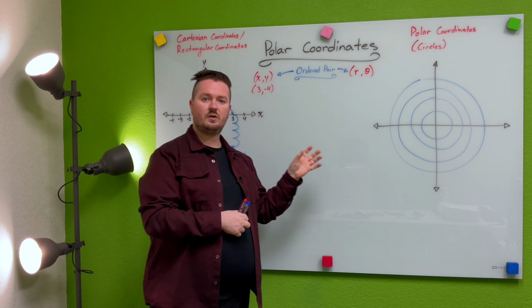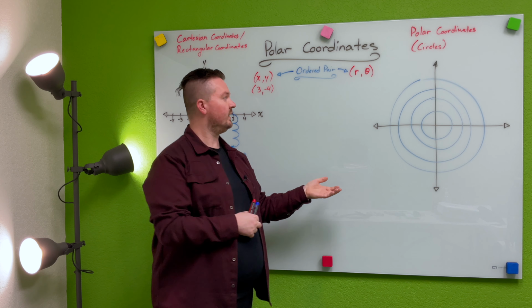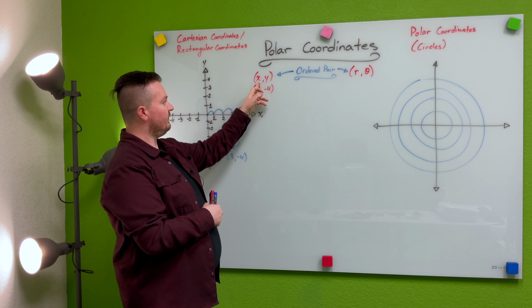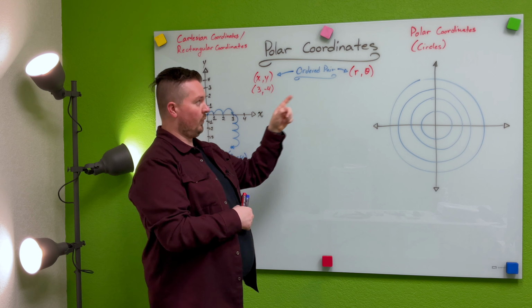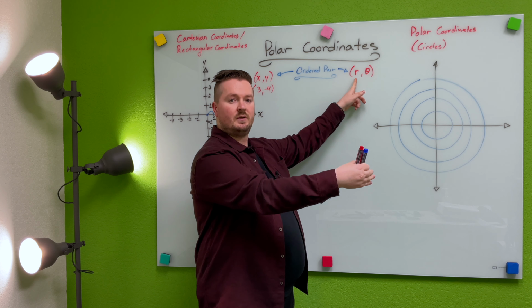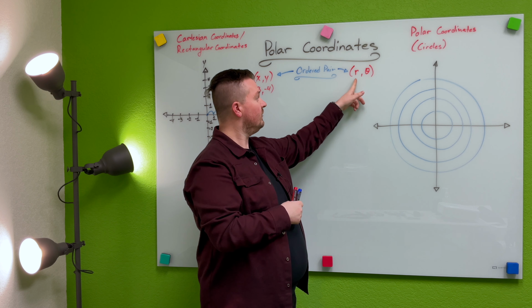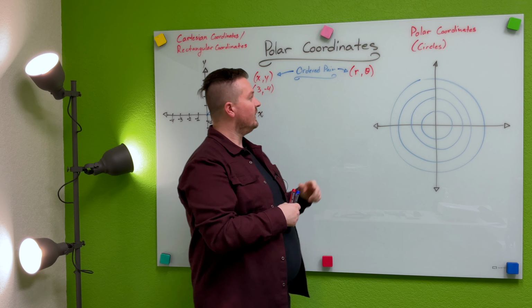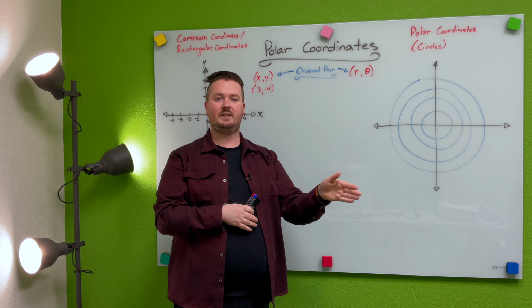So in the ordered pair for polar coordinates, instead of having an x value and a y value, we have a radius that we want to go out from the center of some circle, and we have the direction that we want to be pointing.